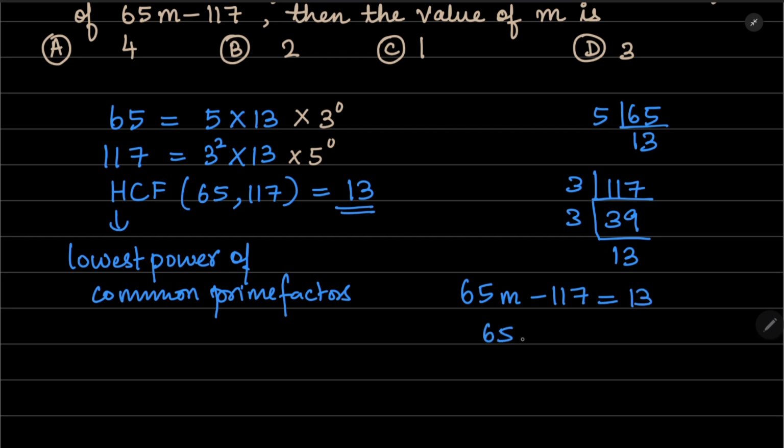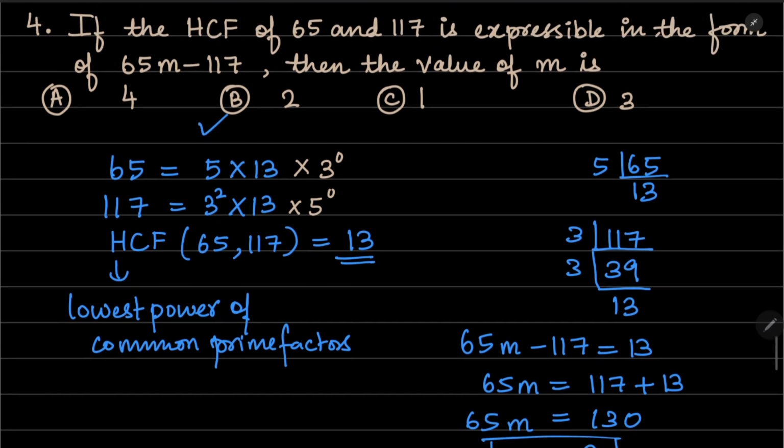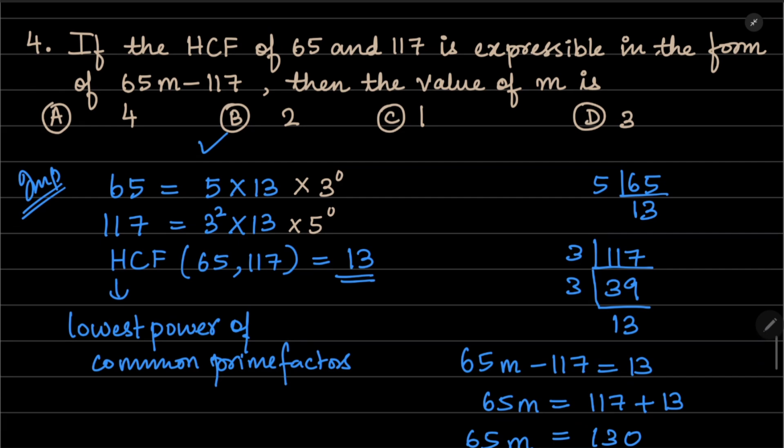So 65m is equal to 117 plus 13, which will give you 130. 65m is nothing but 130 and m is equal to 130 divided by 65, which is 2. So your m equals 2. That's your answer. And this question is very important. It has been asked in the previous year's paper.